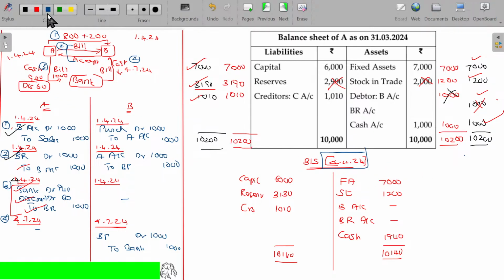So the accounting standard says, give a note: on 4/4/24, write there is a contingent liability for rupees 1,000 with respect to bill discounted. Now, if I say, take my company, you say your company is worth rupees 9,130. Immediately I ask, what about this one, sir?